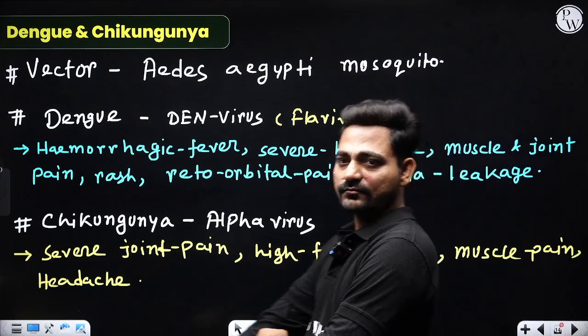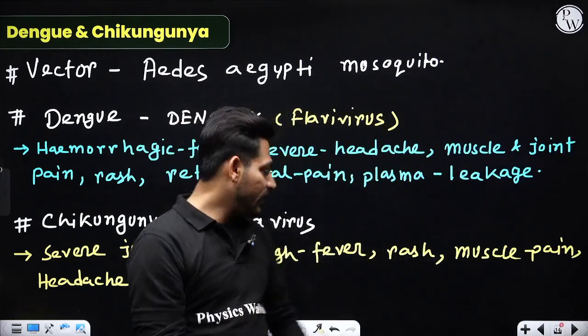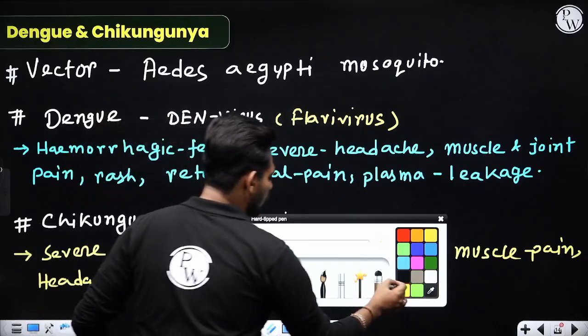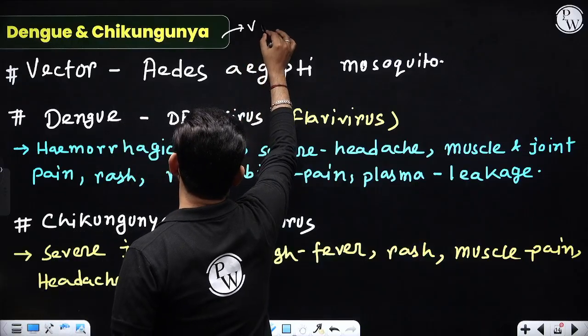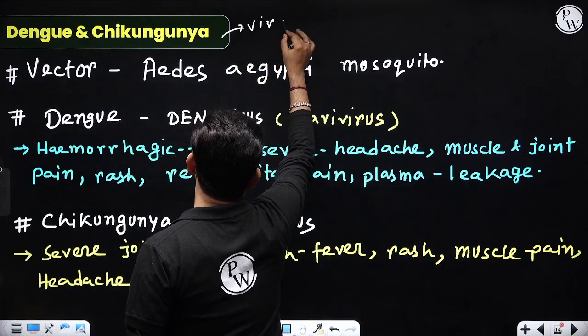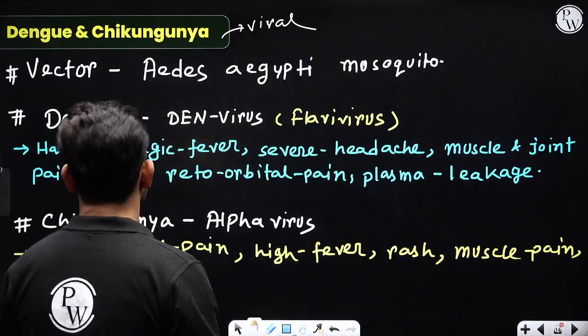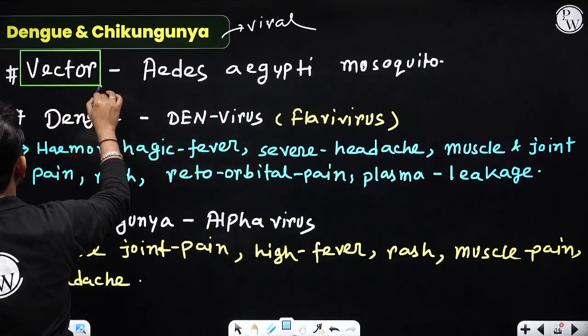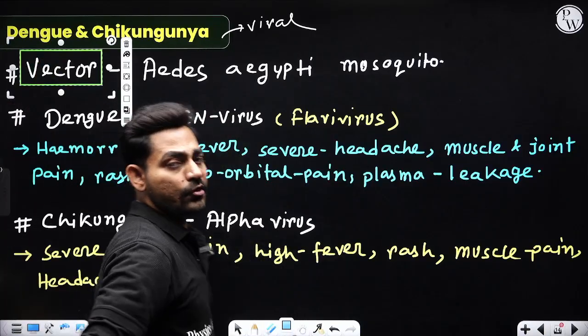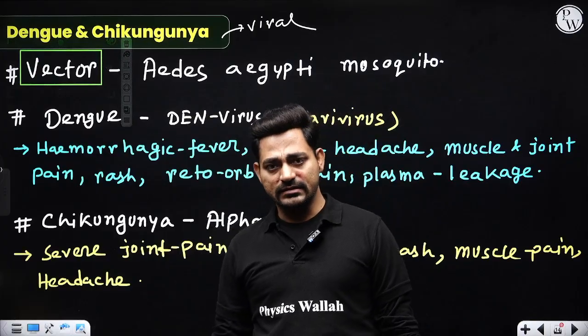Okay. Now a few more infections newly incorporated into our syllabus. Dengue and chikungunya, these are, sorry, not bacterial, these are also viral infections. For both diseases, dengue and chikungunya, these are vector borne diseases.